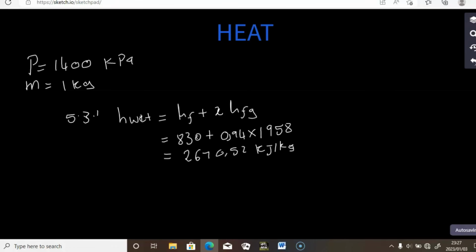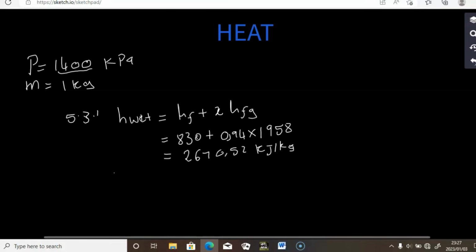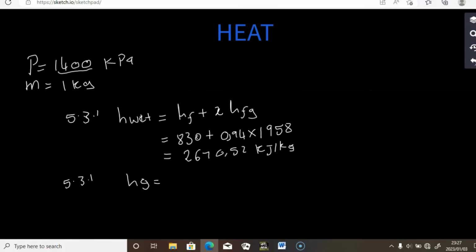And then we go to the next question. They say the dry saturated steam at that pressure. What is the dry saturated steam? We know dry saturated is represented by hg. So this is a matter of just going to the steam table, extracting the value and putting it here.